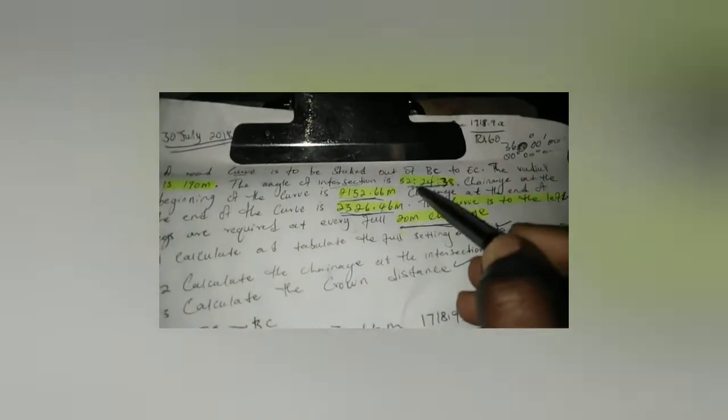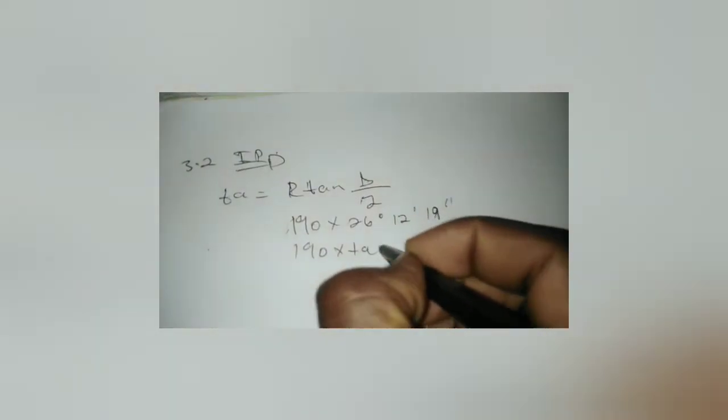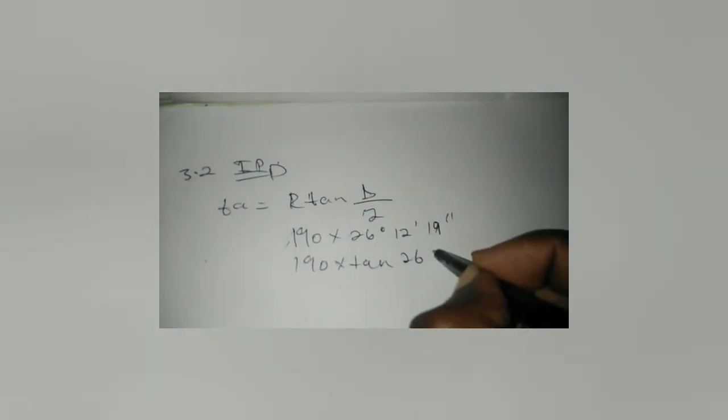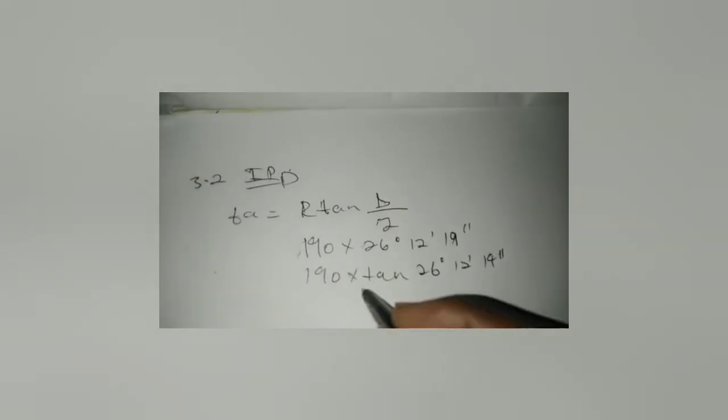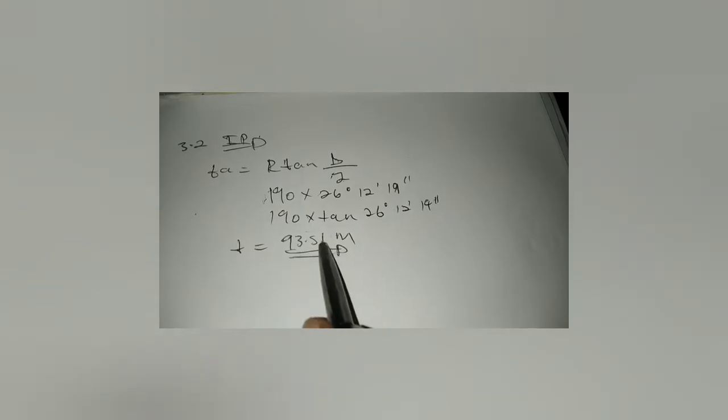It will give you this, and then it's 190 times the tan of 26 degrees, 12 minutes, 19 seconds. Then our T equals, this is our final answer, 93.51.